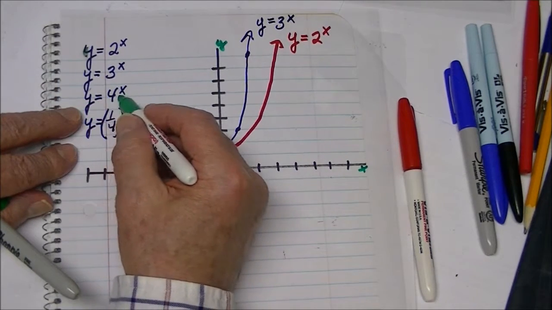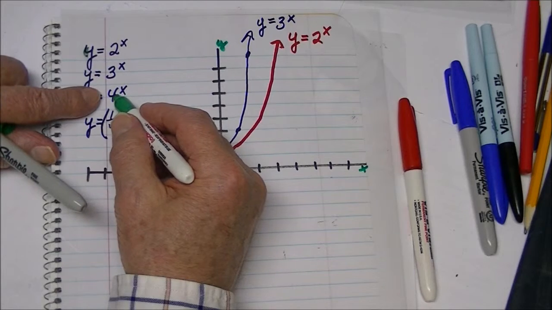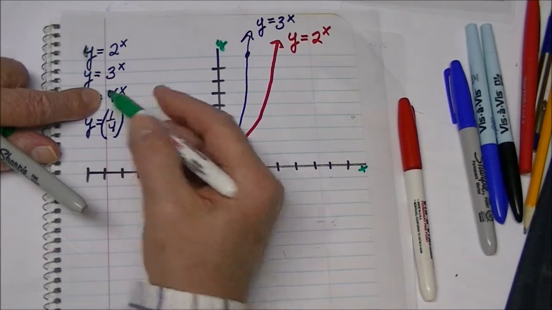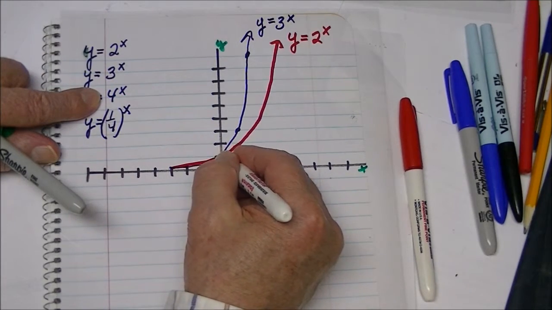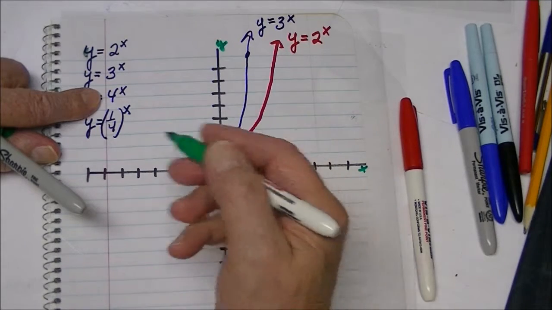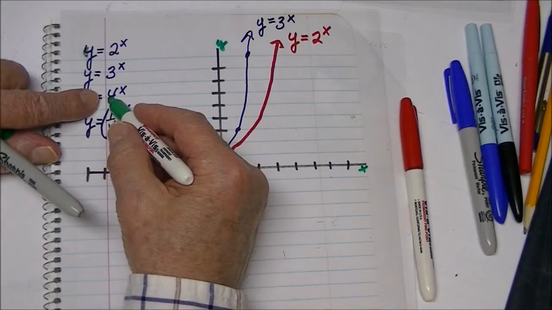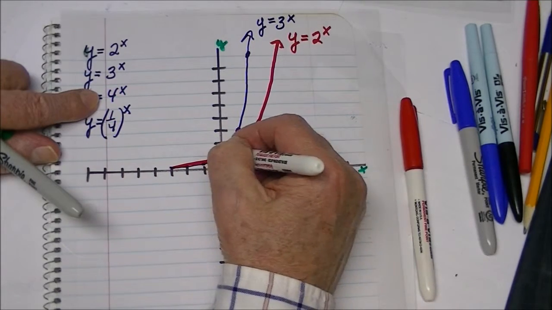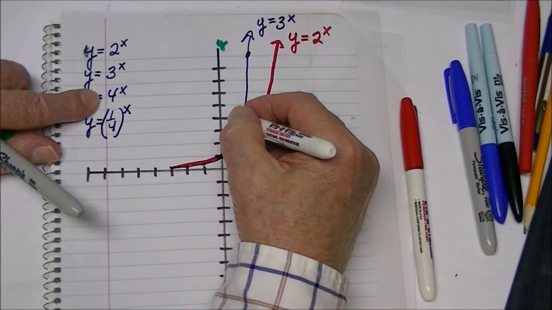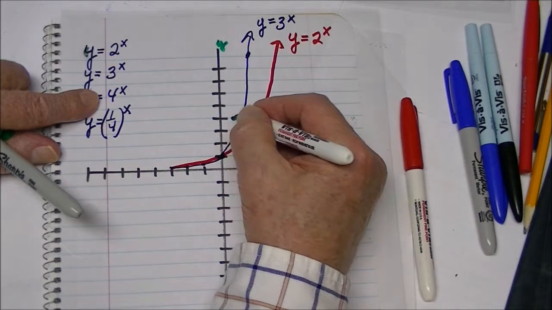If x is 0, 4 to the 0 power is 1. So they all go through 1 actually, because anything to the 0 power is 1. Now if x is 1, it's to the 4th, which is right there.